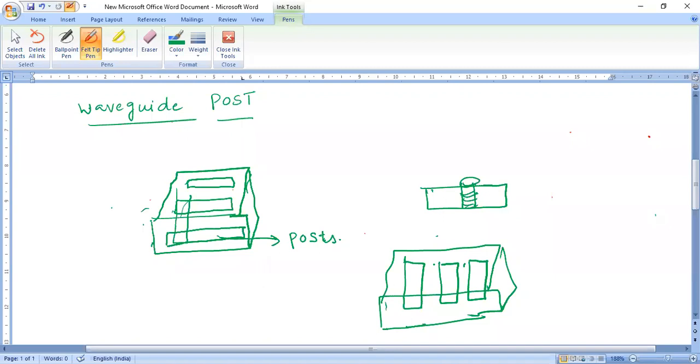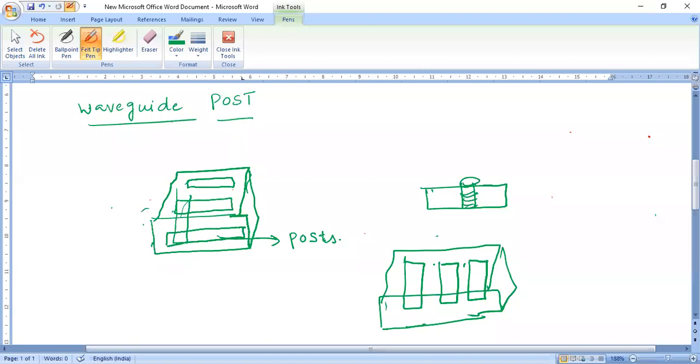If the post is placed parallel to the electric field line, it gives inductive susceptance. If it is perpendicular to the electric field lines, it gives capacitive susceptance. This is about the waveguide post. Did you understand what a waveguide post is?